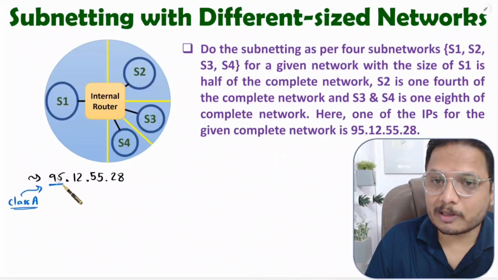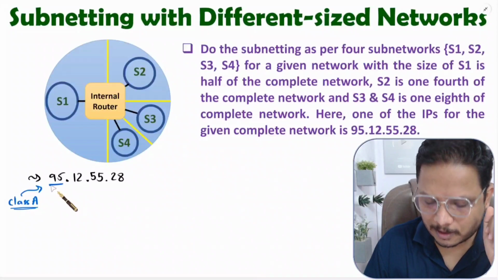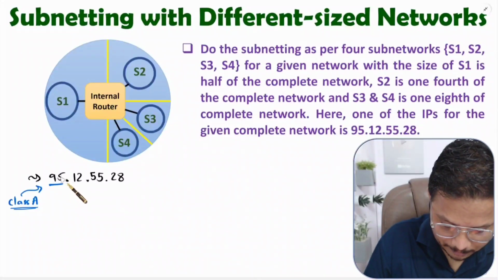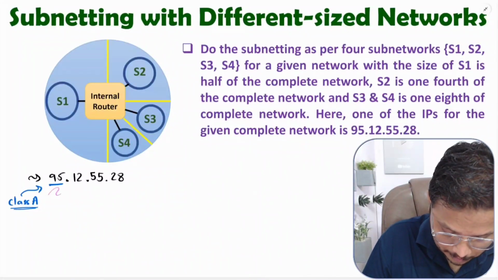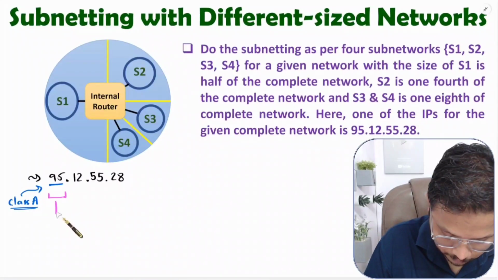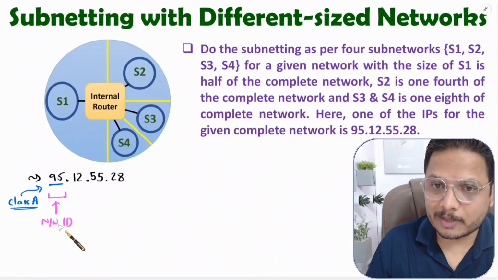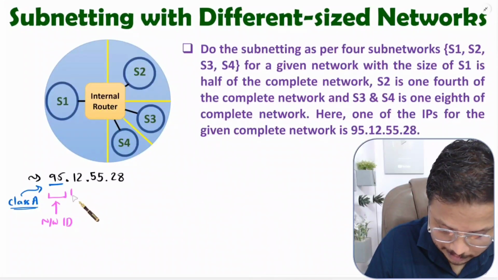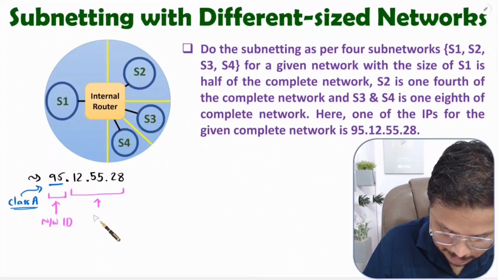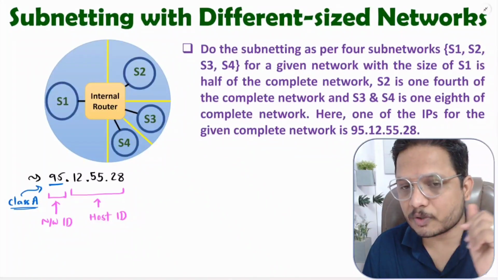Now when it comes to class A, you should know some basics. With class A, the first octet is the network ID and the last 3 octets are the host ID. These are the basic information that you should know.